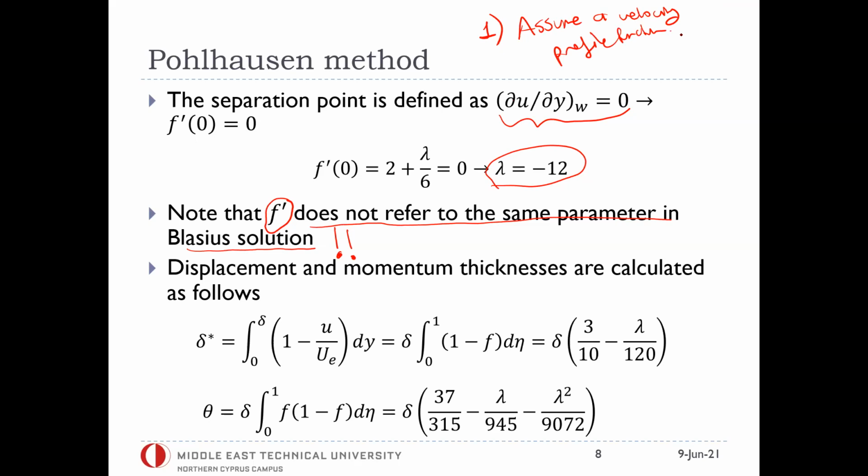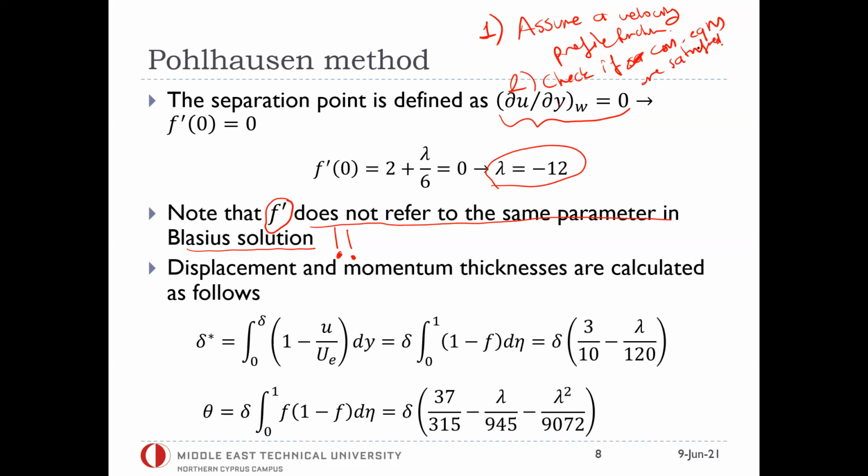Make sure it at least satisfies some of the boundary conditions. Second, check what is required for this velocity profile to satisfy the momentum conservation. Check if the conservation equations are satisfied.